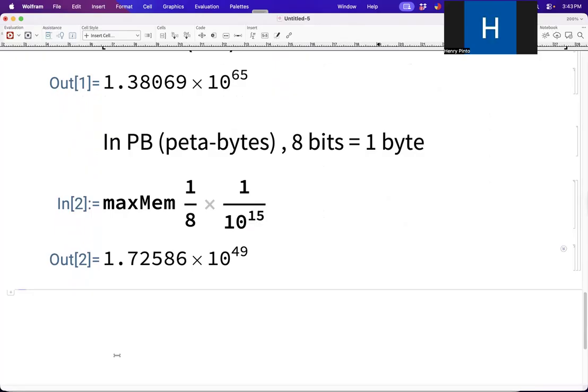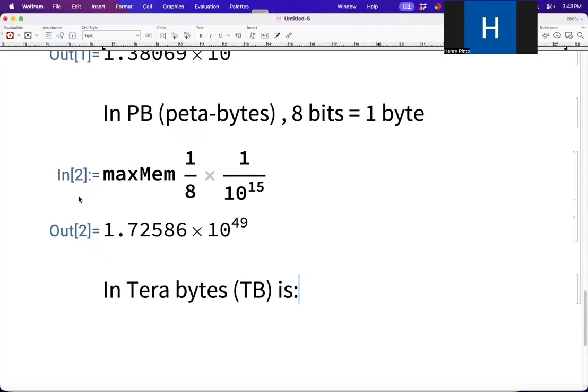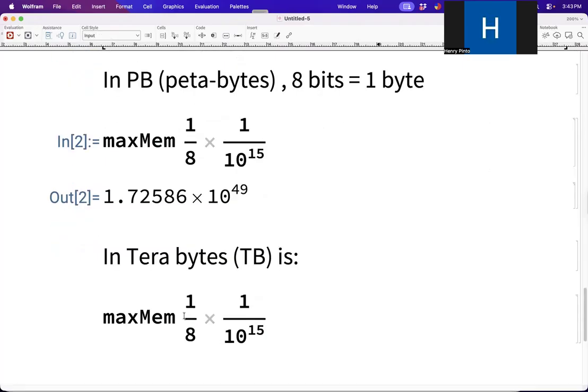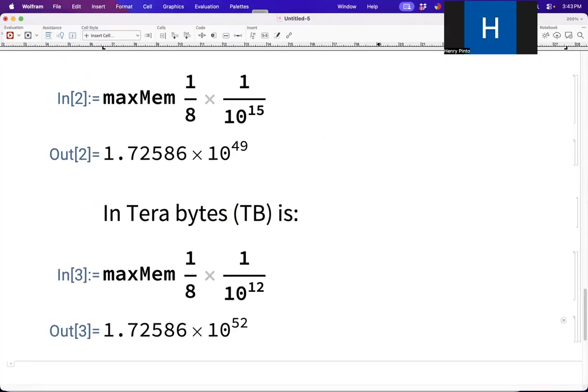In terabytes, let me check in terabytes. TB. It will be the same, right? But now divided by how much? Terabytes. Now you can ask, right? Terabyte. You have a hard drive.